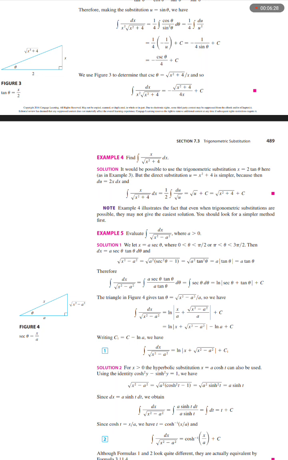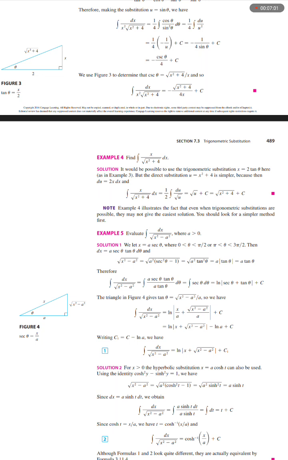Then dx equals a secant theta tangent theta d theta, and the square root of x squared minus a squared equals the square root of a squared open secant squared theta minus 1 close, equals the square root of a squared tangent squared theta, equals a times the absolute value of tangent theta, equals a tangent theta.